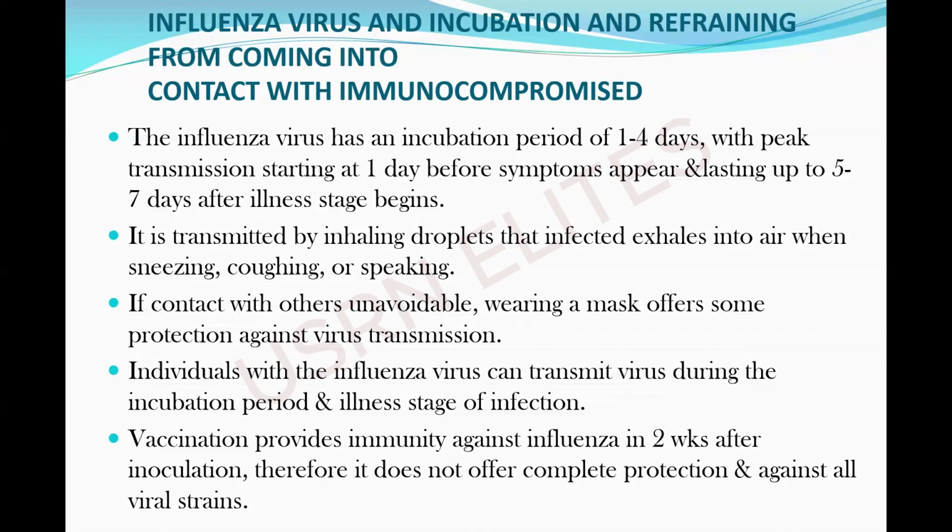So this slide talks about someone who has the flu virus, and how the person can transmit it to someone who is immunocompromised, even when that infected person hasn't shown signs and symptoms. That is what this slide is trying to tell us.